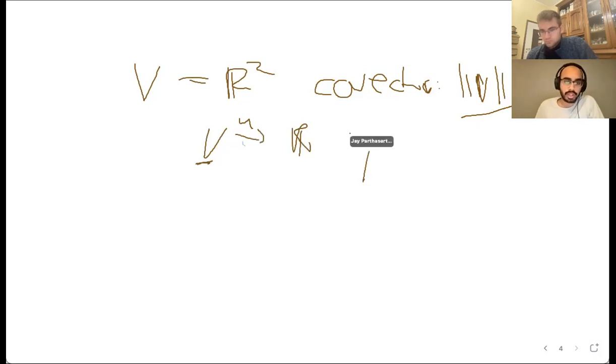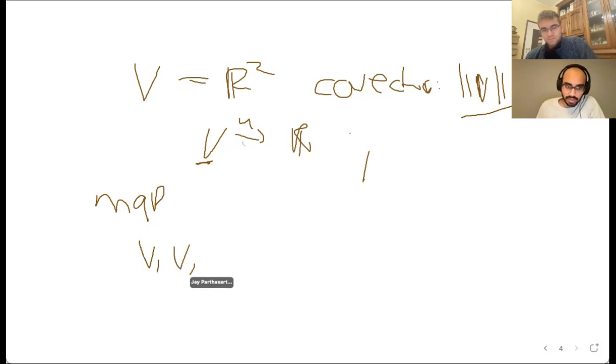Anyway, a tensor is defined as a map that eats some vectors, dot, dot, dot. How many vectors is defined as part of the definition, so there are n vectors.